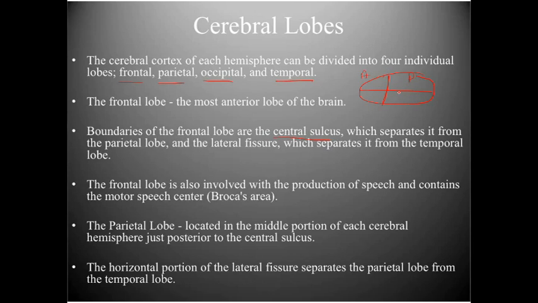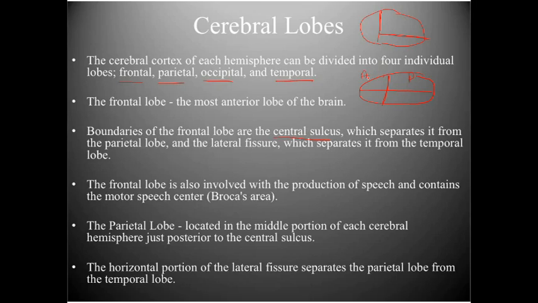The lateral fissure, which separates it from the temporal lobe, and so basically if we were to flip it and look at it from the side, we have this type of area here, which is the lateral fissure.